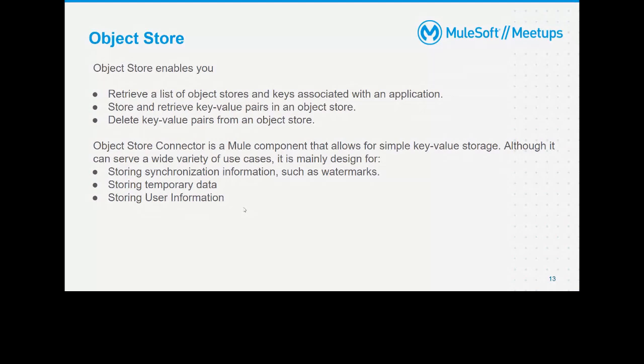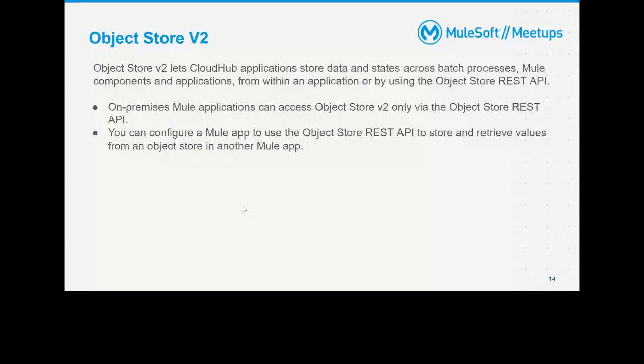So basically you can store a lot of application data or batch status. In the background of batch processing, it also stores the status and shares state between batch processes using the object store.